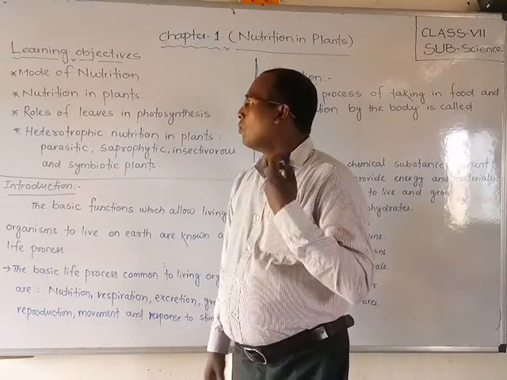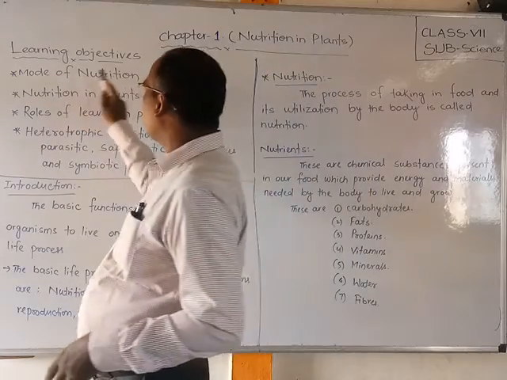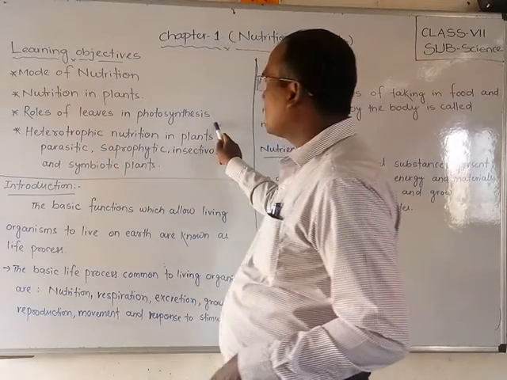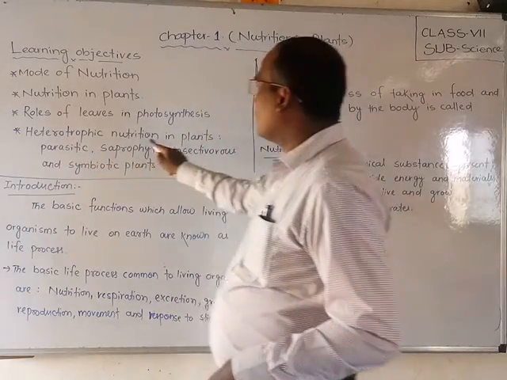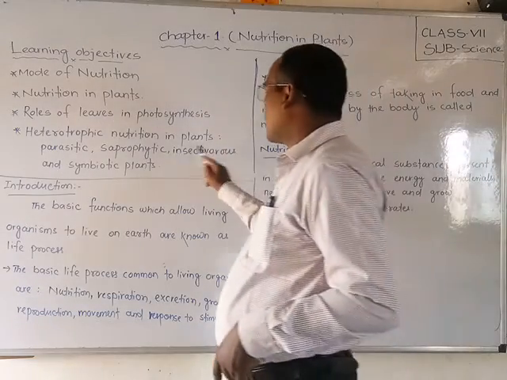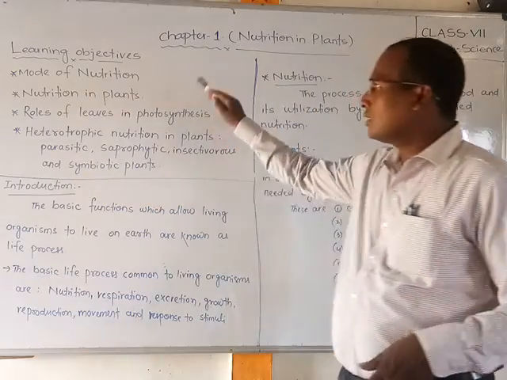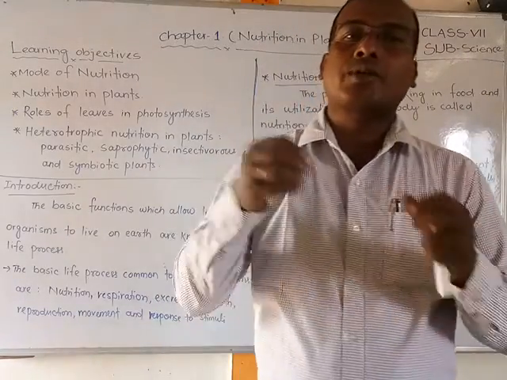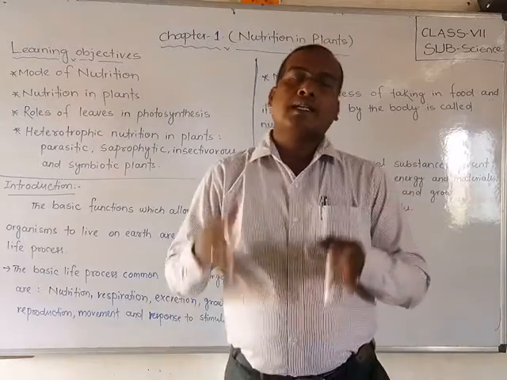First of all students, modes of nutrition, nutrition in plants, roles of leaves in photosynthesis, heterotrophic nutrition in plants, parasitic, saprophytic, insectivorous and symbiotic plants. These are the learning objectives. That means these are the things we are going to learn in this chapter.